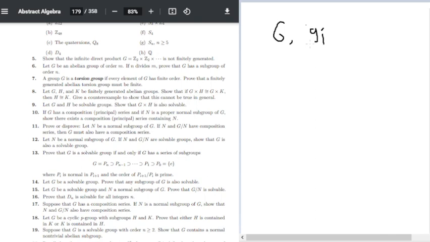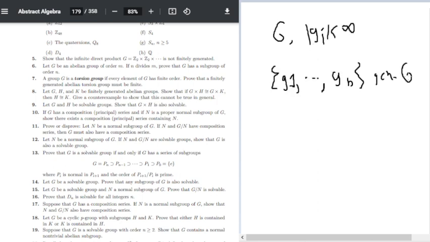Now let G1 up to Gn generate G. Now what this means is that because the group is generated by this, we have finite generation here, and it's abelian, every element is equal to G1 to the a1, G2 to the a2, all the way up to Gn to the an.